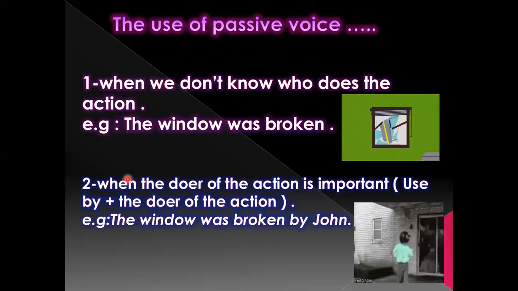So if the doer of the action is important to mention, you are going to use by, okay? So two uses of passive voice in English. The first one, as in the first picture, when you don't know who does the action. The second one, when you do know who does the action, who is John in this picture, and it is important to mention him, okay?